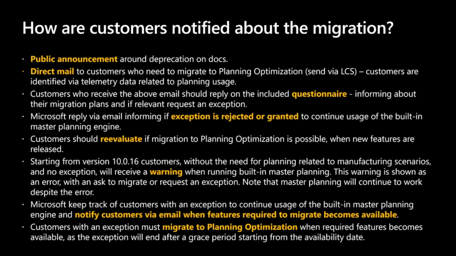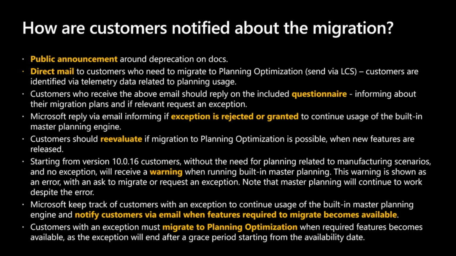But if you require an exception, and that would normally be in case you are pending some functionality that we currently don't support with planning optimization, and I'll repeat this again, and you do not generate planned production orders. Right now, we don't ask customers who have production scenarios to request an exception.